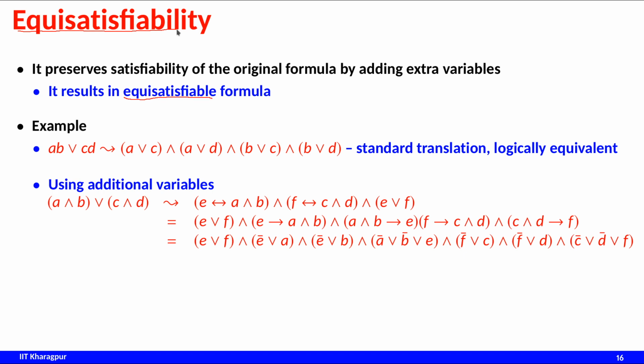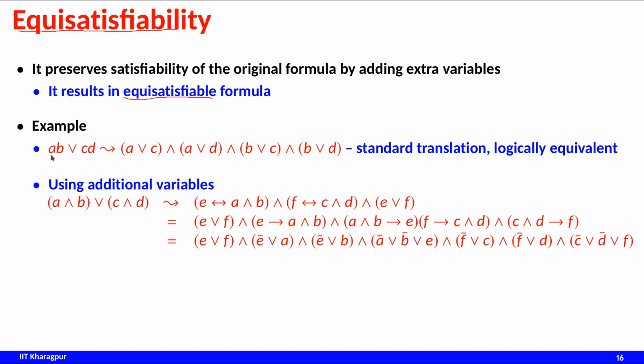So when we introduce new variables, that effectively means that it is not exactly the same as the formula that we want to express, but what we can ensure is that once we create a new formula from the original one, if this new formula is satisfiable, then the old formula will also be satisfiable, and vice versa. So that kind of restriction we can actually make.